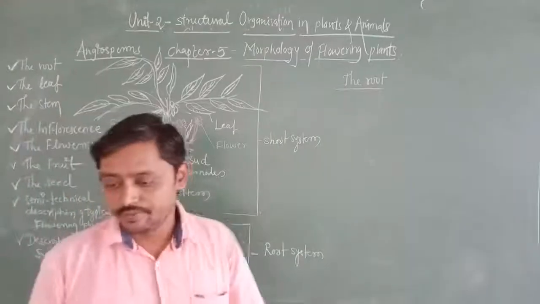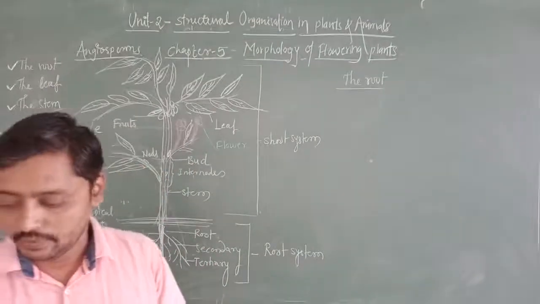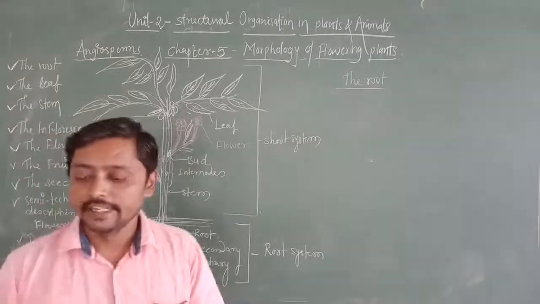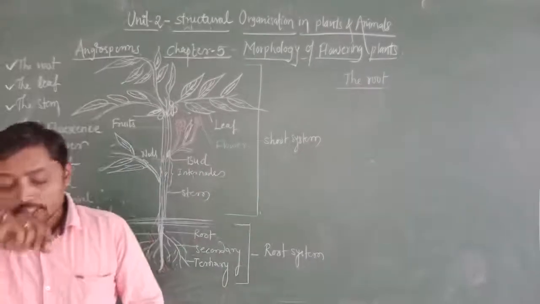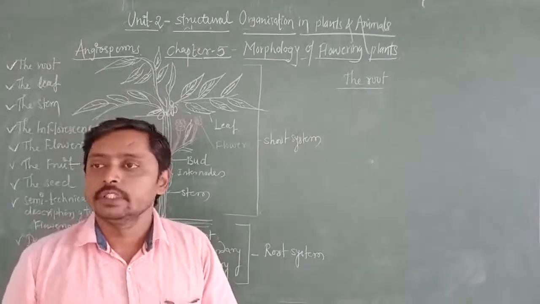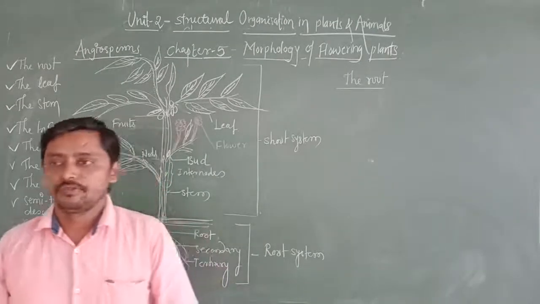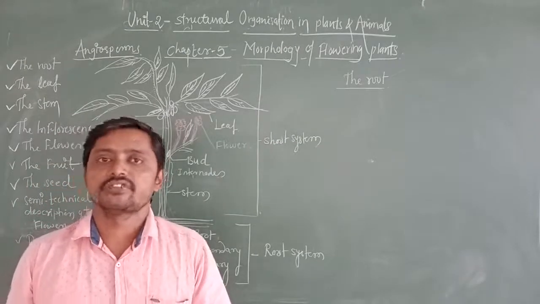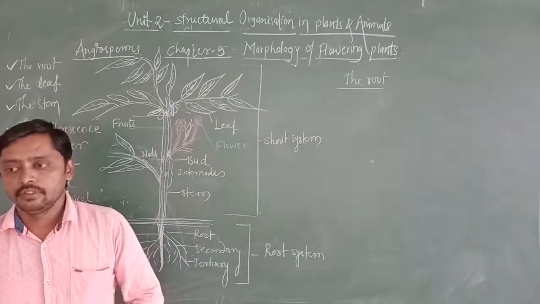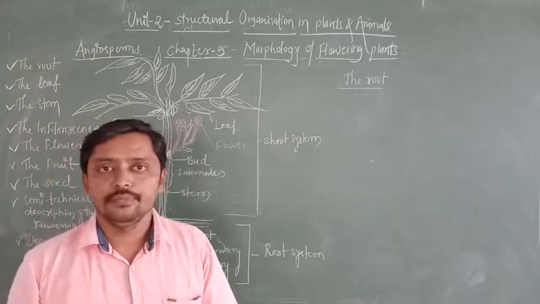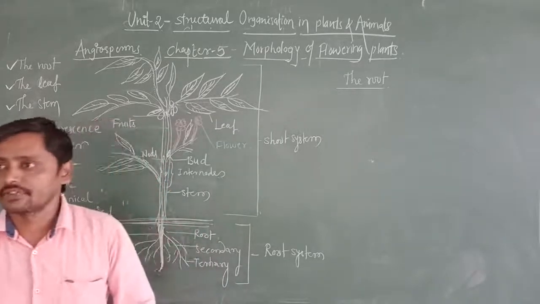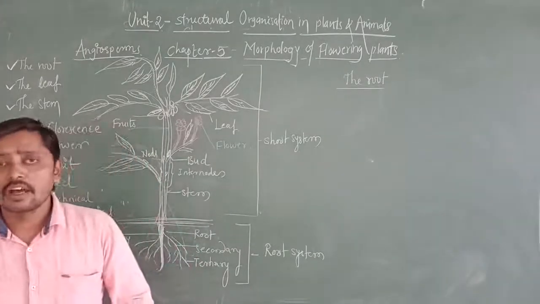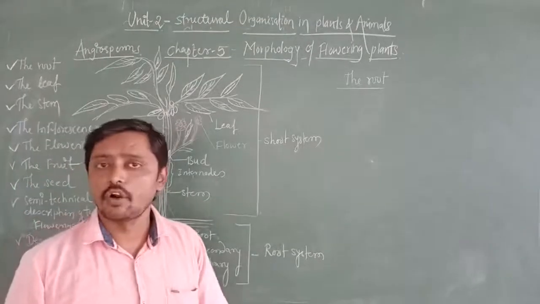Okay, good afternoon students. In the previous video, we discussed the chapter Animal Kingdom. We studied the chordates and non-chordates. In non-chordates, in the sense of invertebrates, we studied the phyla Porifera, Coelenterata, Ctenophora, Platyhelminthes, Aschelminthes, Annelida, Arthropoda, Mollusca, Echinodermata, and after that Hemichordata.